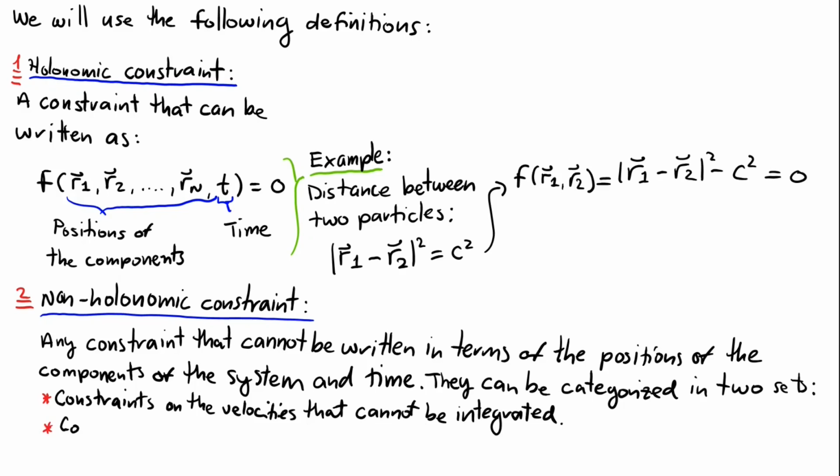Or the constraints are given in terms of inequalities. The simplest example of a non-holonomic constraint is that of particles moving inside a container of fixed volume.